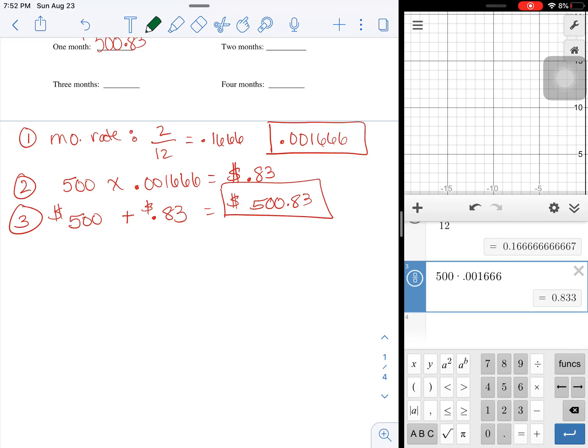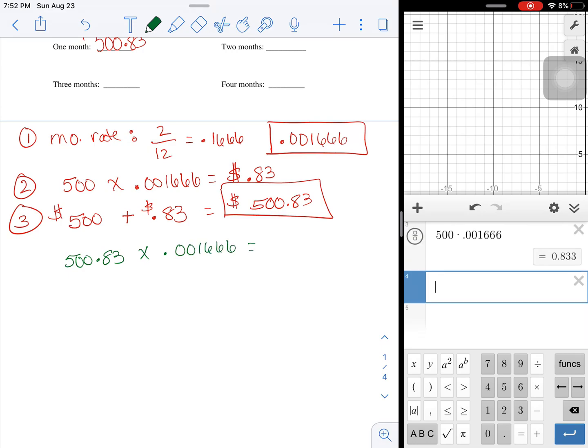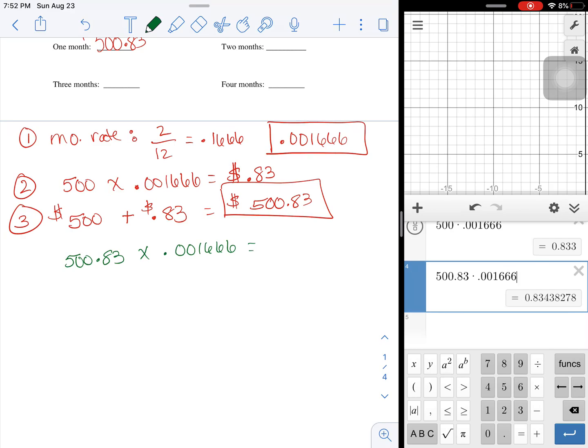So we're going to take the $500 and 83 cents and multiply it by 0.001666. I'm going to see if that gives us a different interest rate. It's a little bit higher, but it still rounds to 83 cents, right? So we earned another 83 cents on the month.